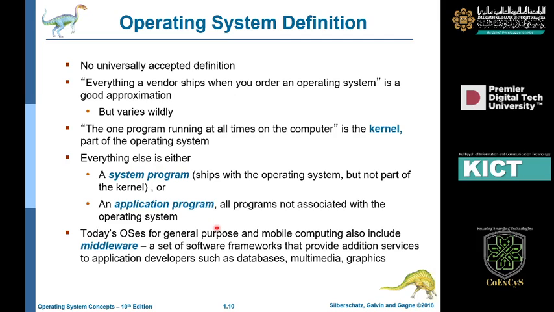All of this is shipped with the operating system, but it's not part of the kernel. And there's also the application program, which is not associated with the operating system, but the user still uses it, and it interacts with the operating system.